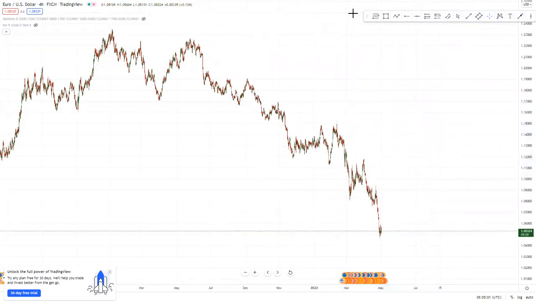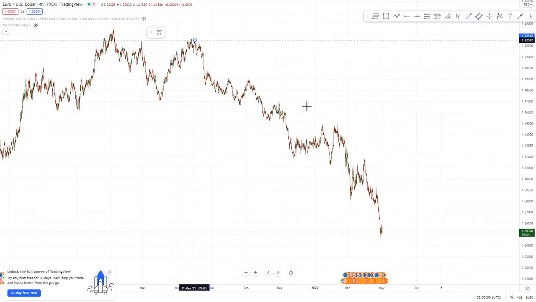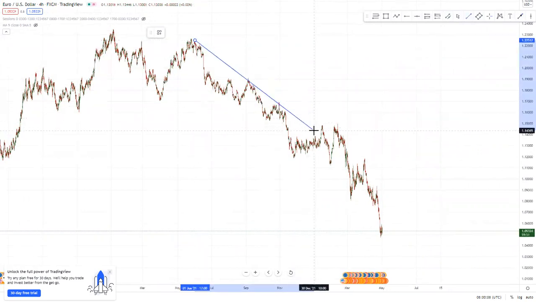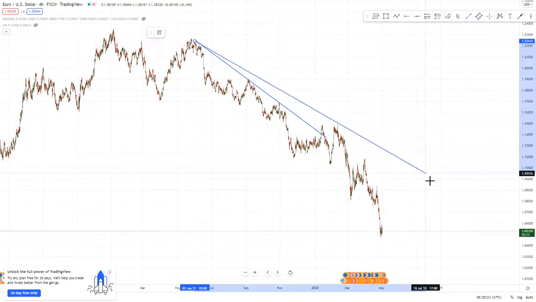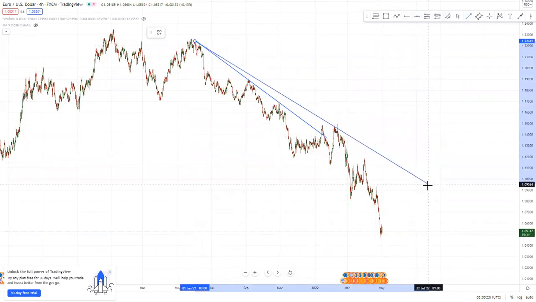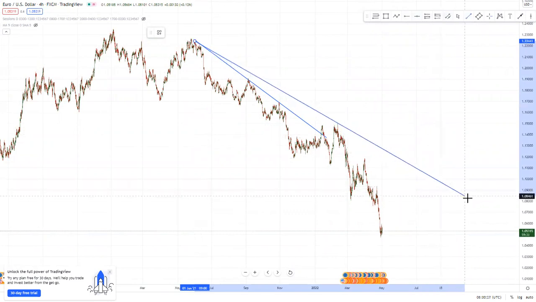So we can draw different types of lines to indicate our resistance and our trend line now. The first one I can see here is this one, even though it is invalid, but I really need it to explain. So this is it here. Before we later add the one we have in here, which is from this point to this point. So yes, it is possible for you to have multiple trends on the same chart.